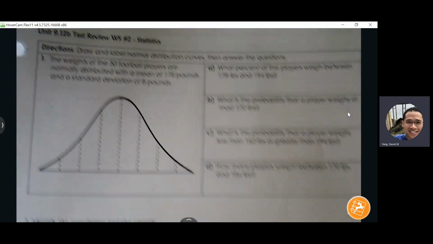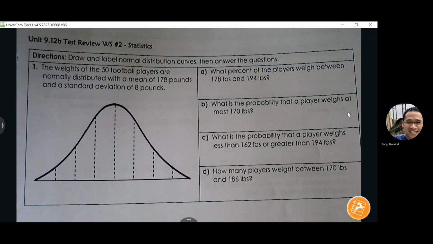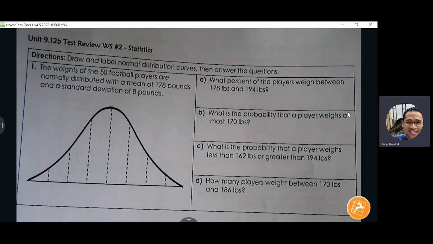Okay, so let's go ahead and start the 9.12B test review. Again, does everybody have this sheet? Okay, so see how much you can do on your own. I have the key attached, but I'll go through each of the answers with you.